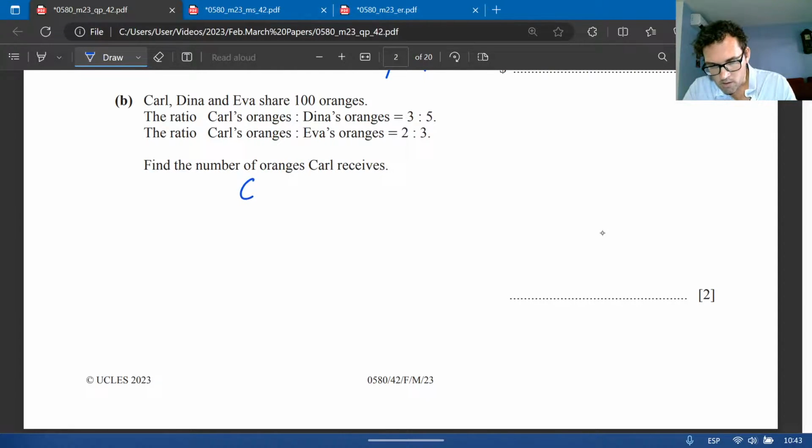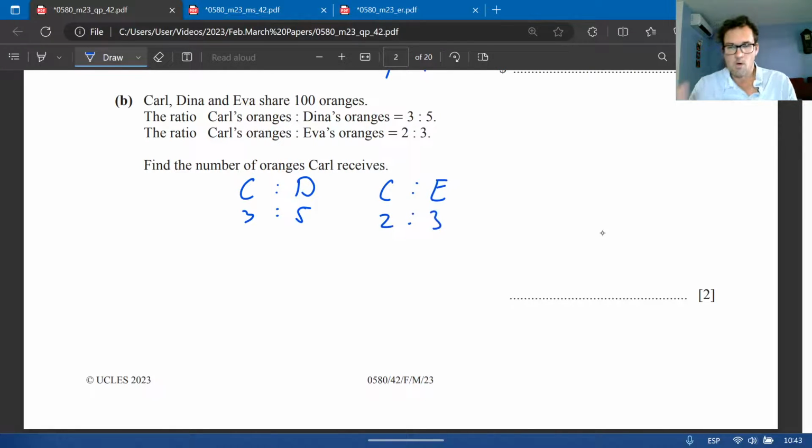We've got Carl and Dina. The ratio is 3 to 5. Then we've got Carl and Eva. The ratio is 2 to 3. What's the common thread here? Carl. Carl is the common thread.